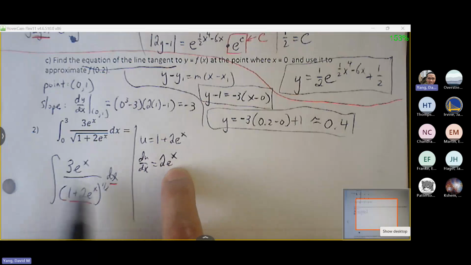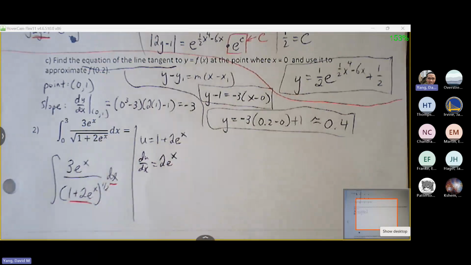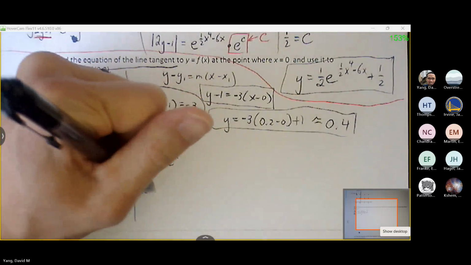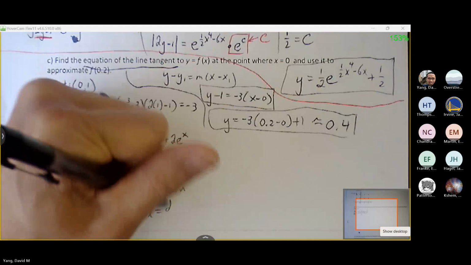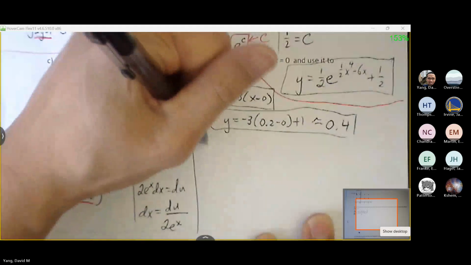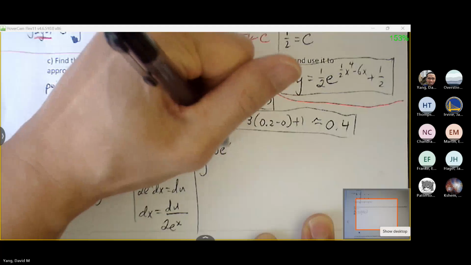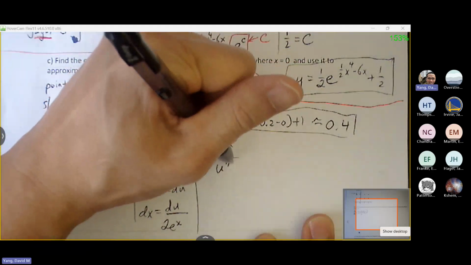That 2e to the x, because we do need these to eventually cancel out, and they will. Okay, so replace my underlined portion with u and du.